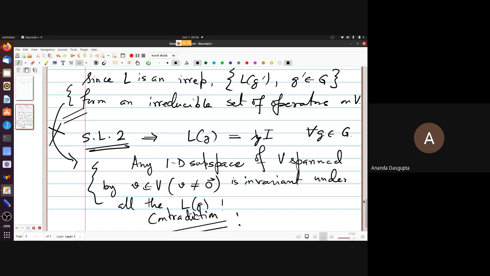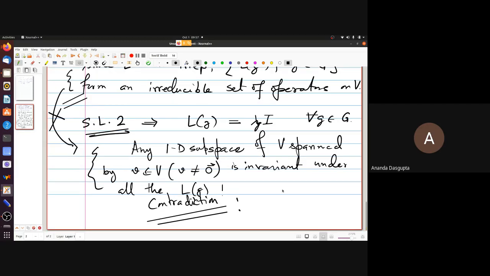And so unless dim V is exactly equal to 1, and that is the entire vector space, you are in trouble because you get a contradiction between what you started with and what you have arrived at. Okay. So because of this contradiction, you can say that this assumption that we made, that dim V is more than 1, cannot be right.